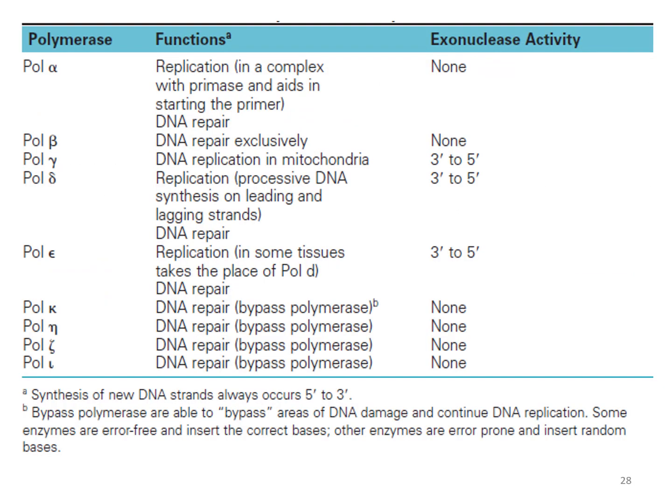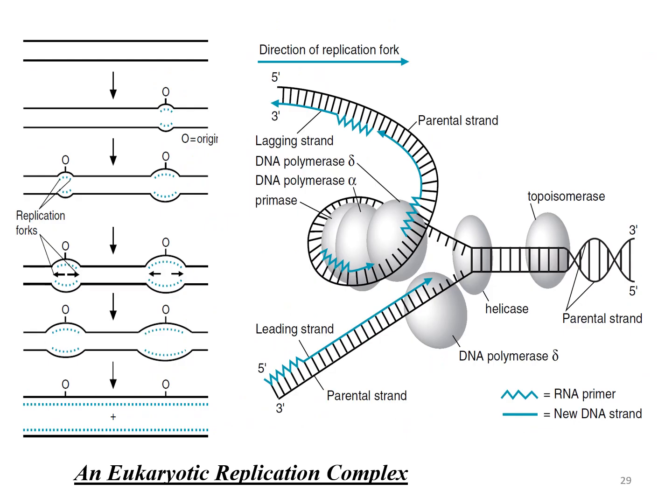This is the summary of how different DNA polymerases are used for eukaryotic DNA replication, and all these enzymes have different functions, so you should see the reading for further reference to build your knowledge on DNA polymerases. This is the direction of the replication fork.